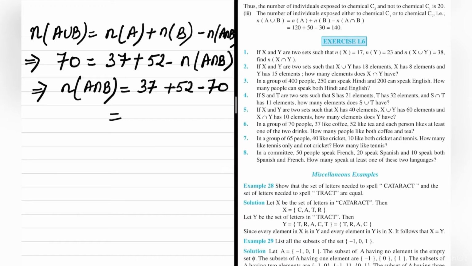So this value will be equal to 89, so 89 minus 70. So the answer is 19. So 19 people like both tea and coffee. So you have to write the last line.